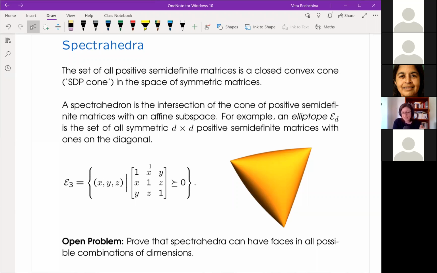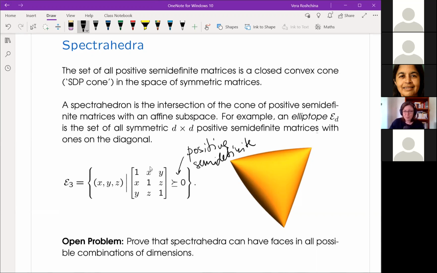My linear functions are just a constant, x, y, and z, right? So I have 3 variables, so the set is 3-dimensional. And then you add the positive semi-definite constraint, right? So you say that that symmetric matrix that has linear functions as its entries must be positive semi-definite. And the objects that are defined like this are called spectrahedra.